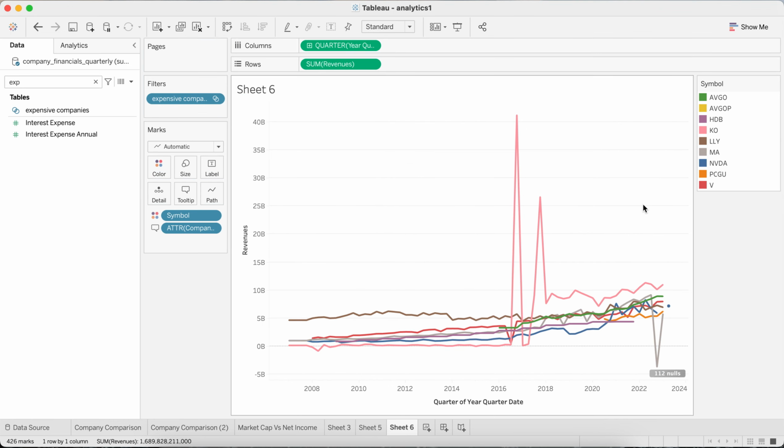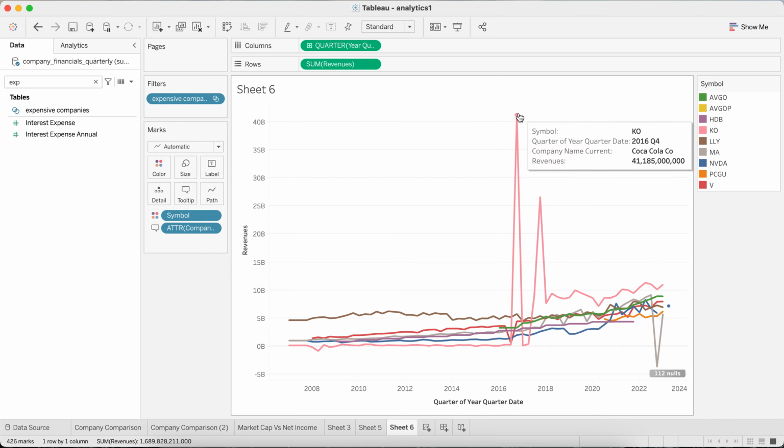Okay, so we get some funny data going on here with KO. I'm not sure why that's happening, but it looks like almost all of them have a steady growth projection going up. And it looks like that's probably baked into their valuation, as you can see on average.